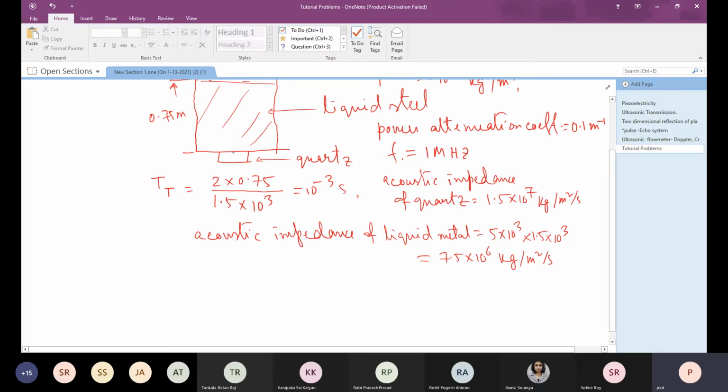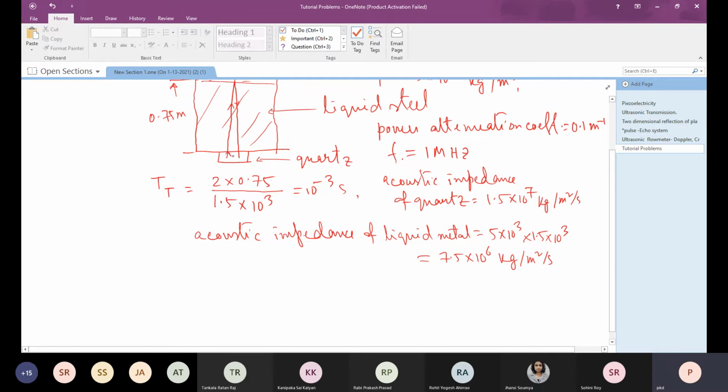So now, from the transmitter, what will happen? The beam will go and come back. Therefore, here there is a reflection coefficient at this point. Similarly, at this point also there is one reflection point.